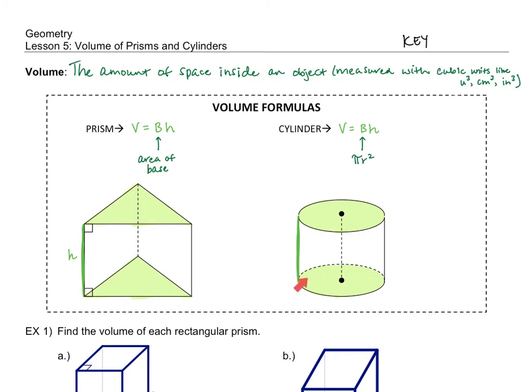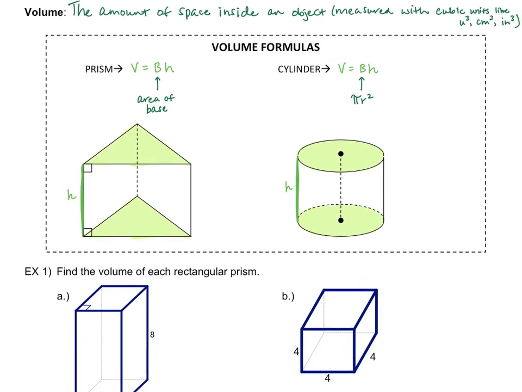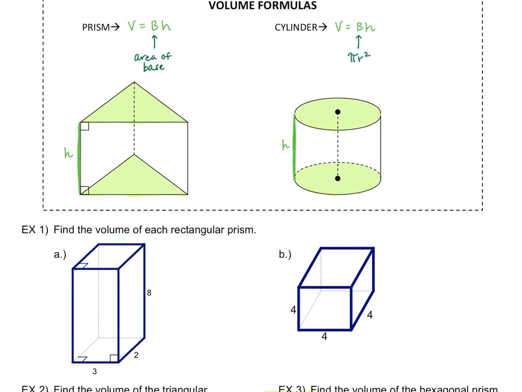But with cylinders, our base will always be circular. So that's how we can always put pi r squared, because that's the area formula for a circle. So don't forget we have to add the height into here. So those are some pieces of information that we do need to know. Now we can actually take these ideas that we came up with and apply them in the problems below. So I'm still going to keep the formulas up here so we can reference them.